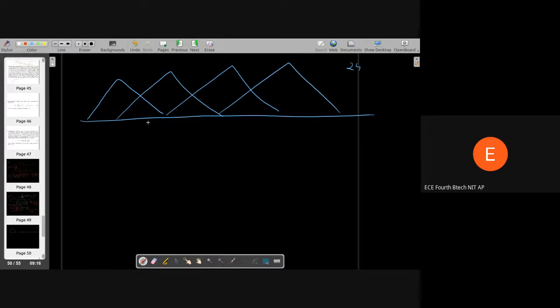So if we have 24 such filters, after doing that operation we'll get 24 energy values, the power values, whatever you say. Since you are integrating power, we say it's energy. So 24 energy values, corresponding to each of these filters.